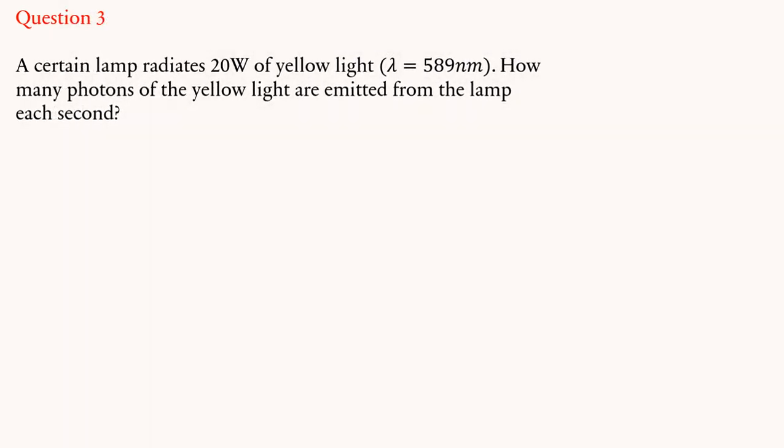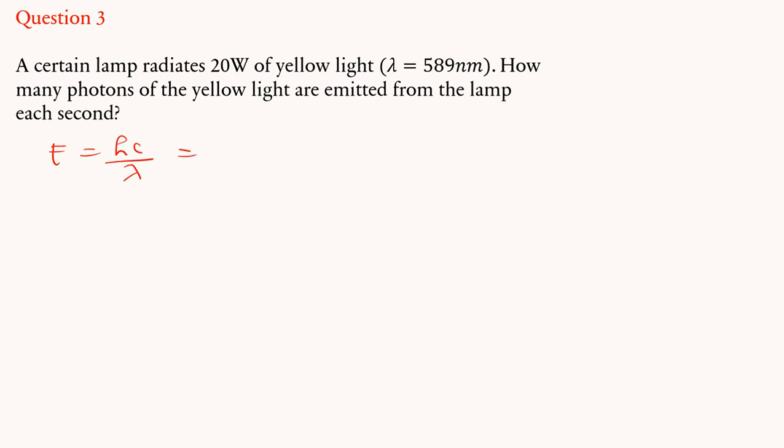Okay, a certain lamp radiates 20 watts of yellow light where lambda is 589 nanometers. How many photons of yellow light are emitted from the lamp each second? The first thing we have to do is calculate the energy of a photon of the yellow light. That energy is simply hf, but since we have the wavelength, we use hc divided by lambda.